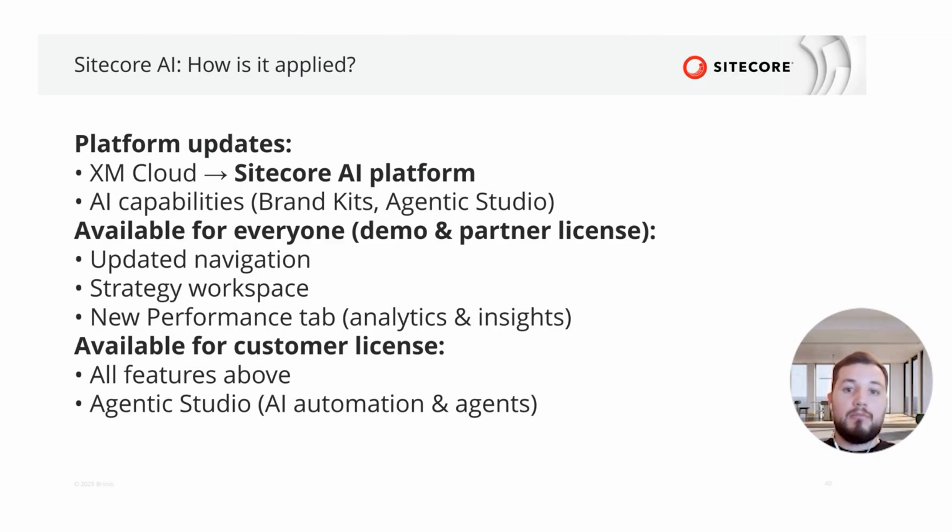The same base, but with AI capabilities added on top, like brand kits, Agentic Studio, and Design Studio. If you have a demo or partner license, you already get several new things. The updated navigation, the new strategy workspace, and the new performance tab for analytics and insight.